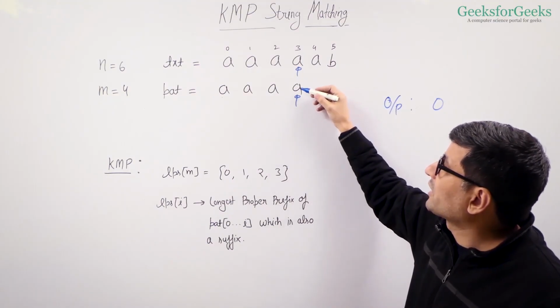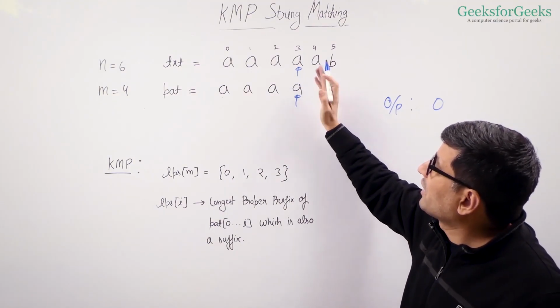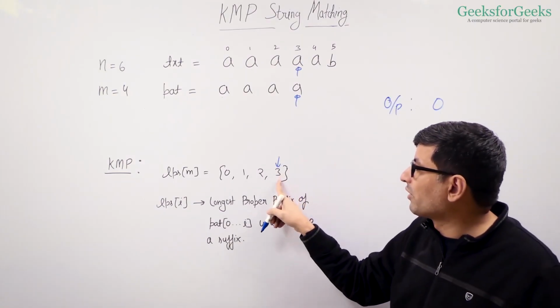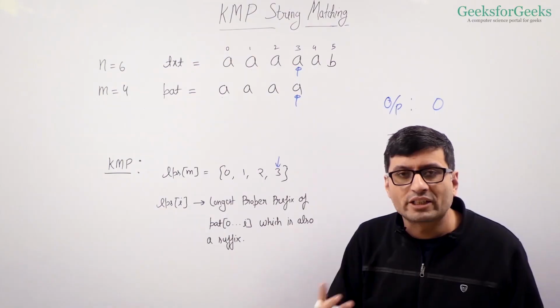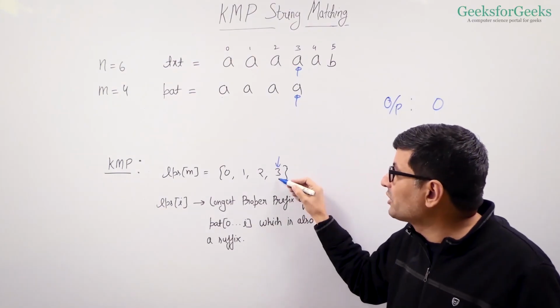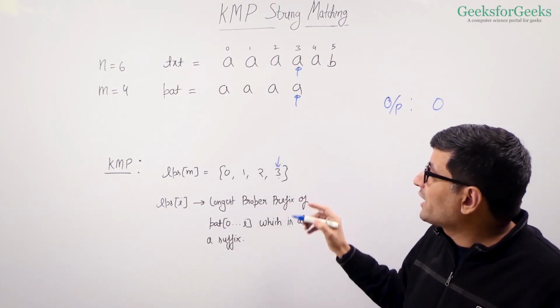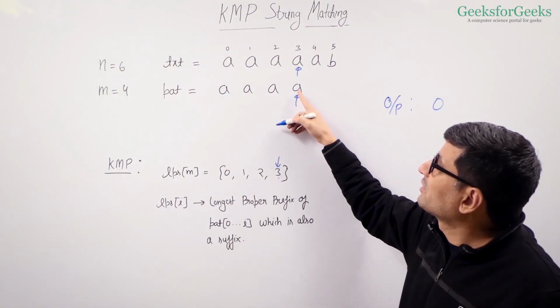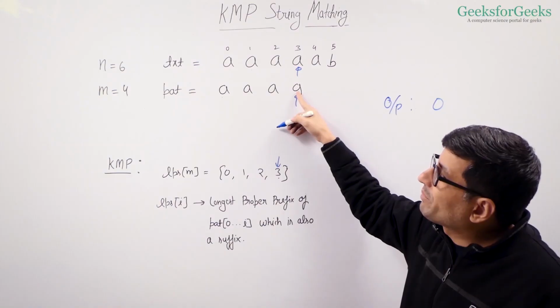Last matched character is the last character, right? Last character of the pattern. So this particular LPS value is looked for finding the next indexes to be matched. This value is 3. So the index of the character that we need to match in the pattern is 3. This is the next character that we need to match in the pattern.